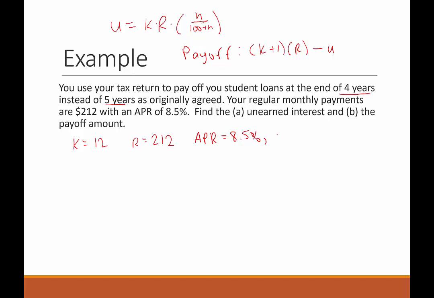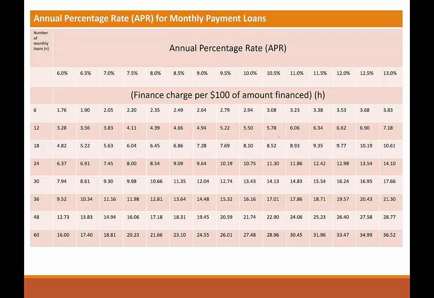Well, it'd be 12, so we're going to use that k value of 12. We're going to look at the table to figure out the H value, because that's what we need for this formula, based on an 8.5% APR for 12 months. So here's the table, here's 12 months, right here.